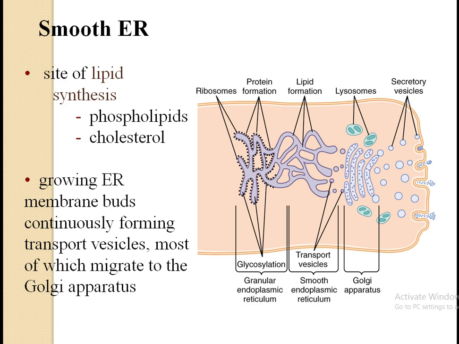Then comes the smooth endoplasmic reticulum. You can see from this picture also, this is without black dots, which are actually the ribosomes. So without ribosomes, the endoplasmic reticulum is called the smooth endoplasmic reticulum.